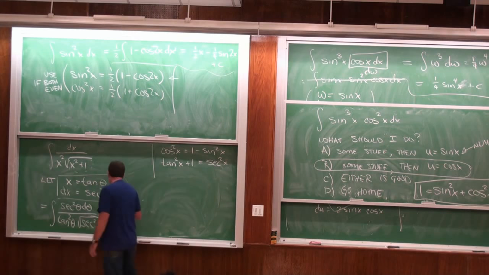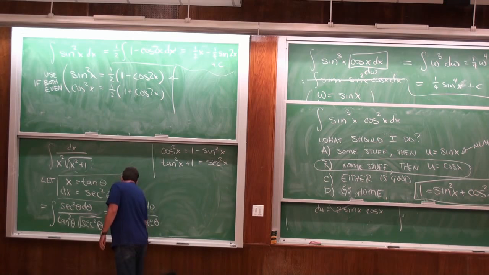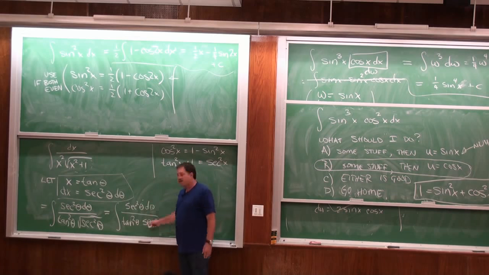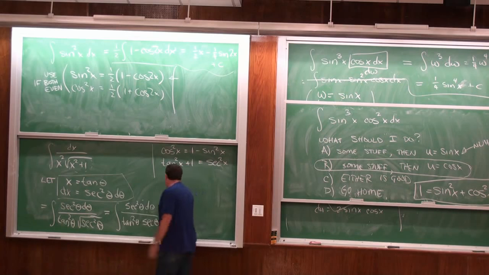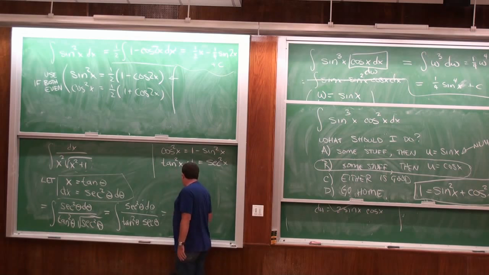So let me just rewrite it slowly. I have a secant squared on the top, pick up another secant on the bottom, and I have a tangent squared here. And so that I can keep track of everything, I'll just write everything in terms of sines and cosines so that I know where I am. The secant squared is 1 over the cosine squared, so I'm going to put that on the bottom.